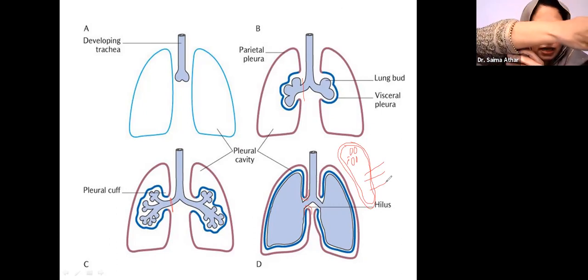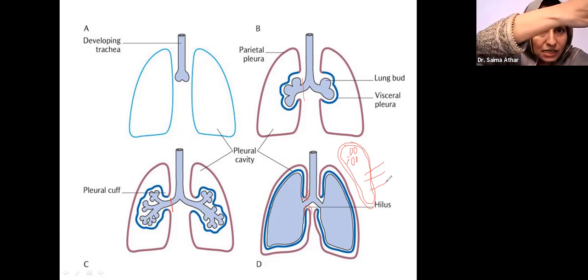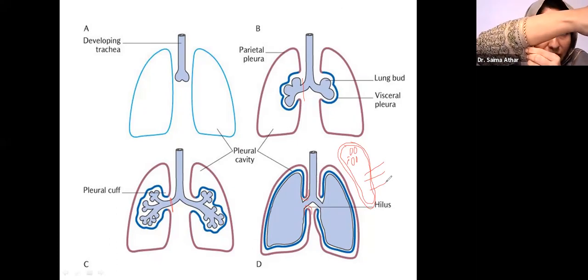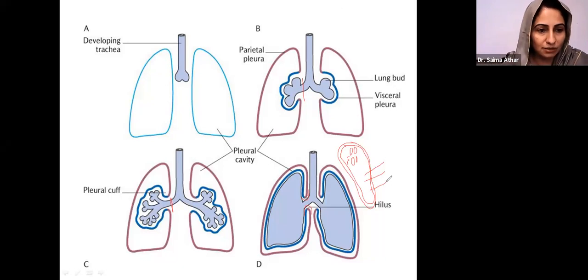Because during inspiration and expiration, the root of the lung moves up and down, up and down, right? This free space allows the movement of the root of the lung. If this were tight here, if this ligament were not there, the root of the lung could not move. Okay, got it? This is related to the gross anatomy of the lung, not the embryology.